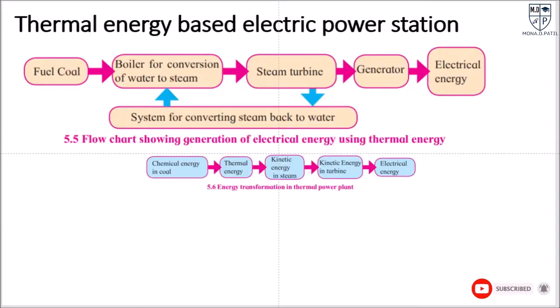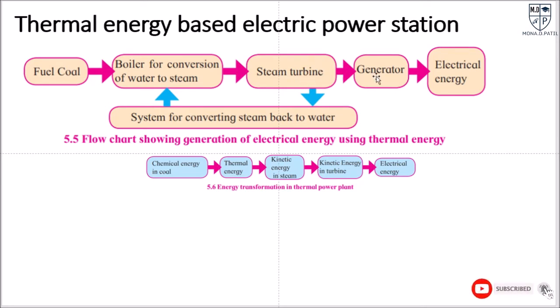Then thermal energy based electric power station. So here in the electric power station, mainly the fuel used is coal. With the help of this fuel, the boiler converts water to steam, meaning water gets boiled with the help of this fuel and steam is obtained to run the turbine.